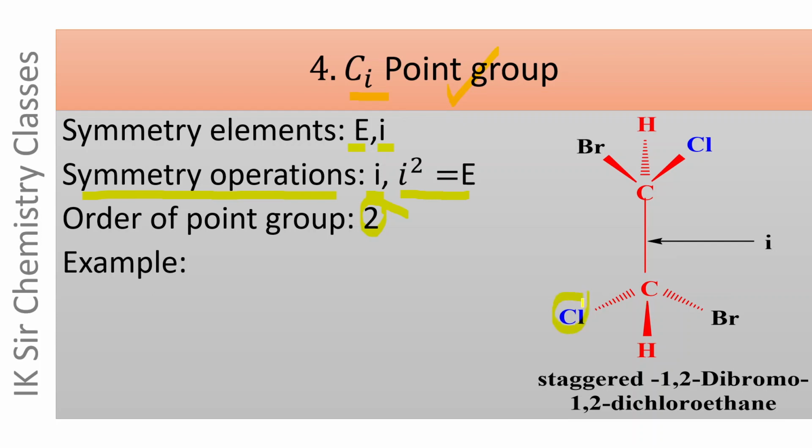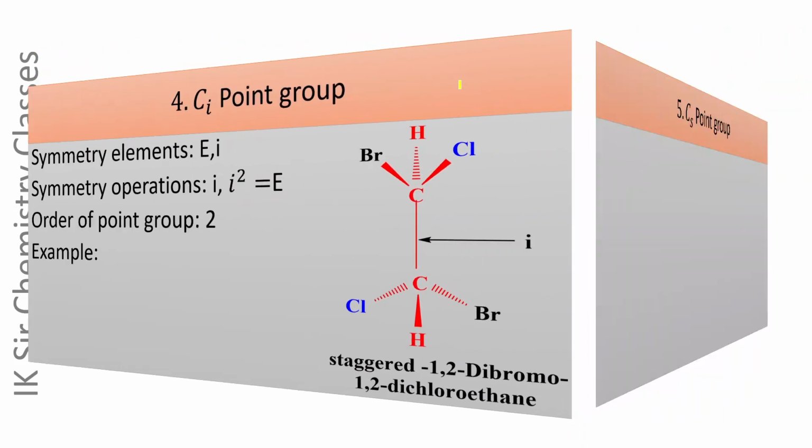If we move this chlorine atom to the center of symmetry and then to the opposite side by the same distance, a similar atom will be obtained. Staggered 1,2-dibromo-1,2-dichloroethane has center of symmetry and identity, so it belongs to Ci point group.